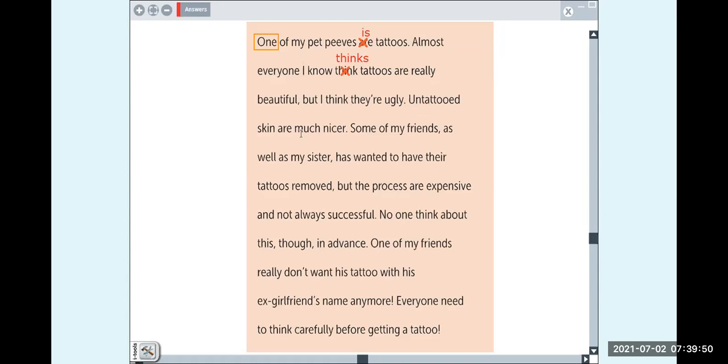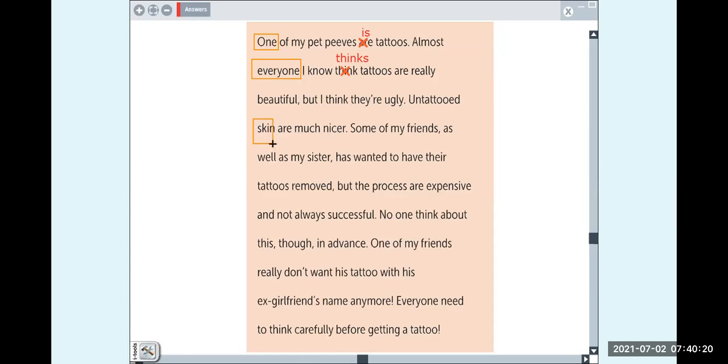The next part: and tattooed skin are much nicer. Anything here? It should be is. Why? Because skin is singular.